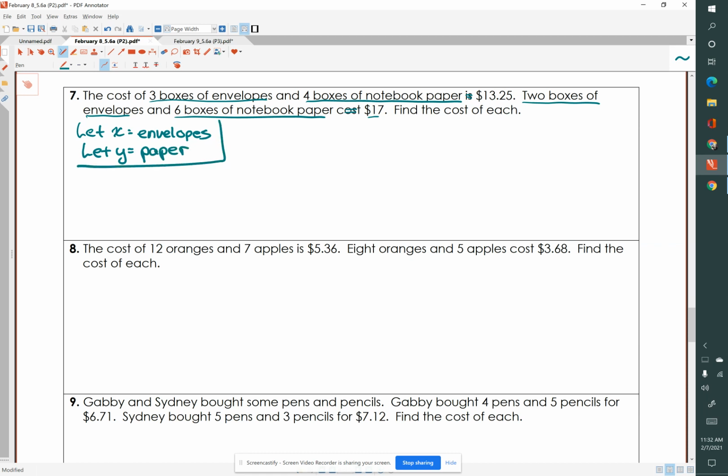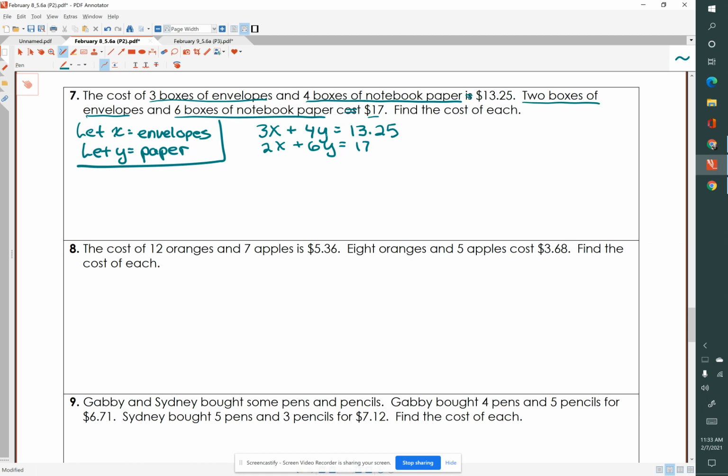Okay, so what do they tell me? They tell me that 3 boxes of envelopes, 3X, plus 4 boxes of notebook paper, 4Y, equals $13.25. They also tell me that 2 boxes of envelopes and 6 boxes of notebook paper equals $17. So let's take a look. I've got 3X and 2X, 4Y and 6Y.